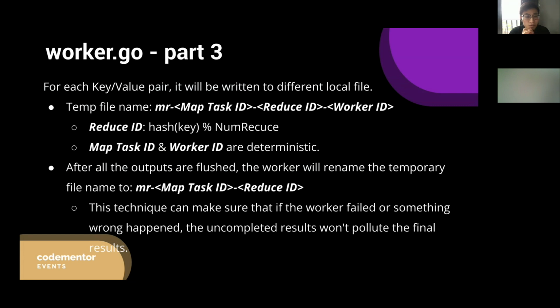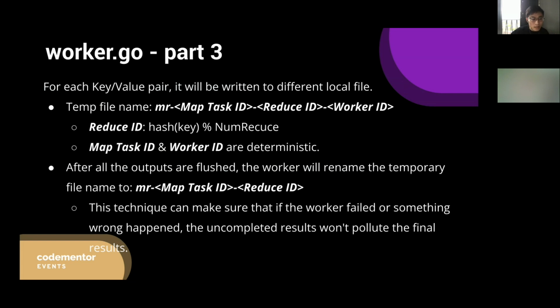One important thing I need to mention is that each key value pair will be written to a different local file. The temporary file name looks like the following: mr-map task id-reduce id-worker id.